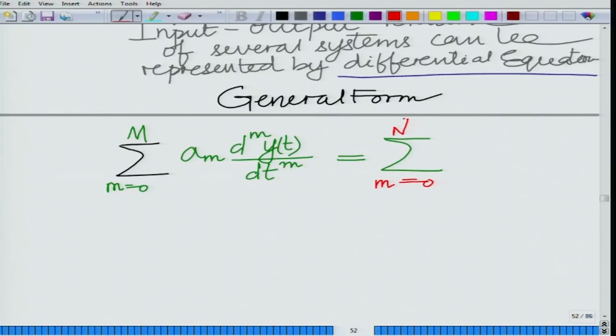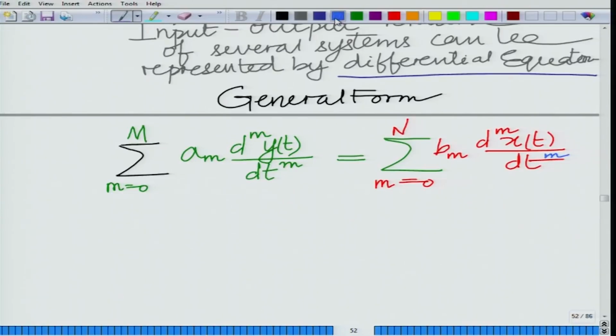summation m equal to 0 to N, b_m d^m x(t) over dt^m. Okay.